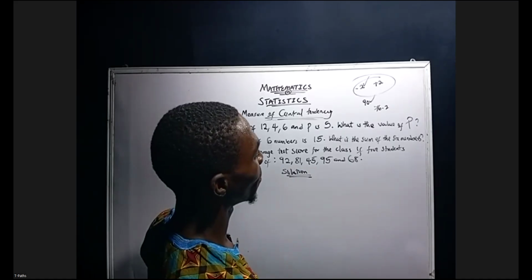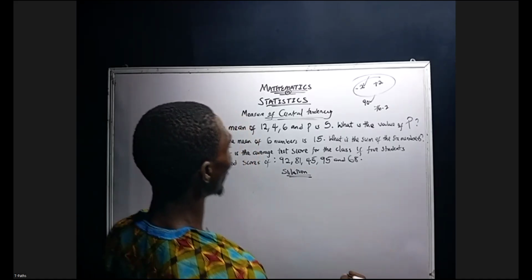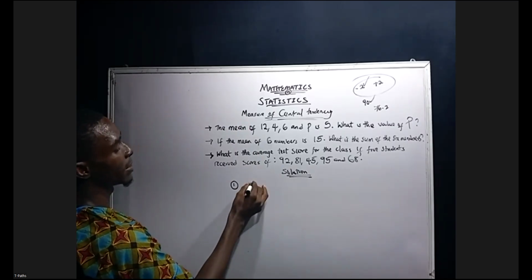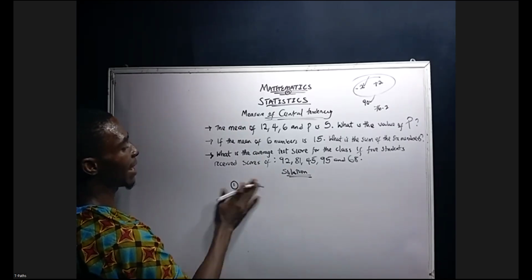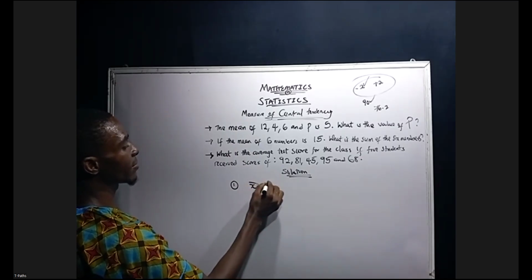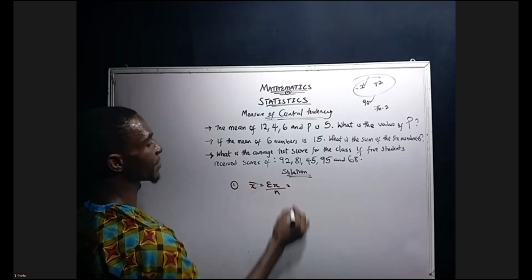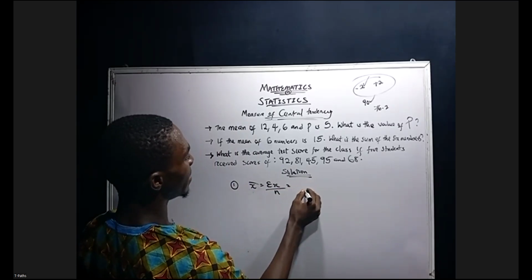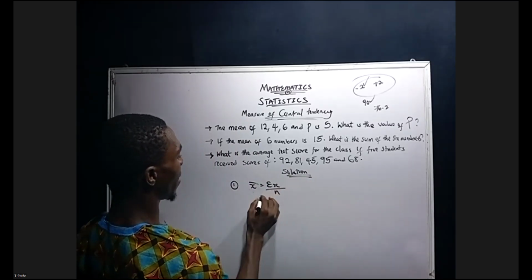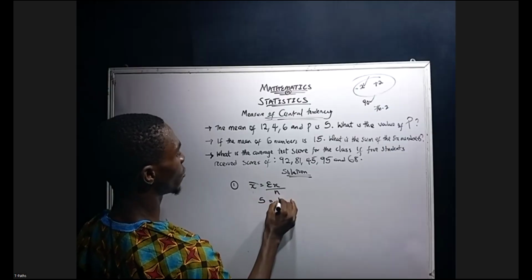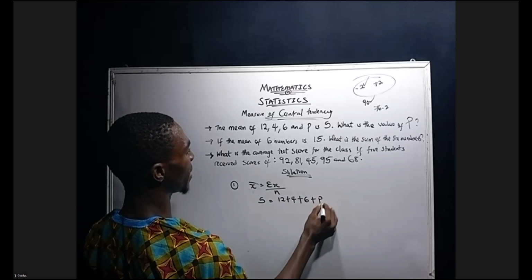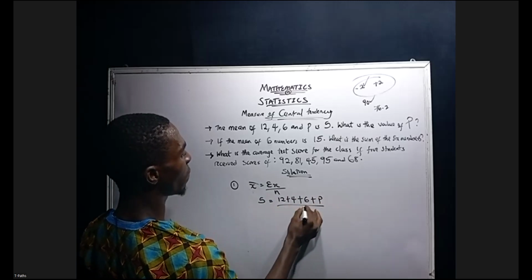Let's start the first one. The mean equals summation x over n. The mean is 5, equal to 12 plus 4 plus 6 plus p divided by 4.